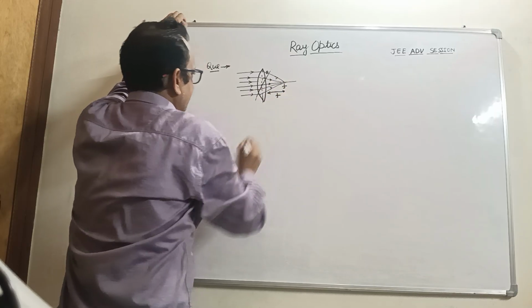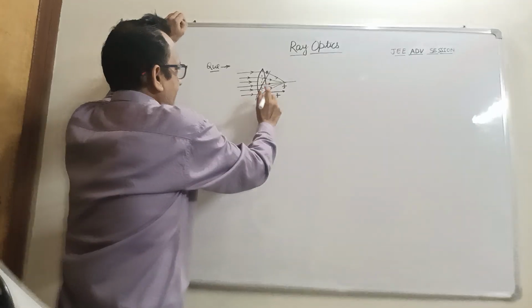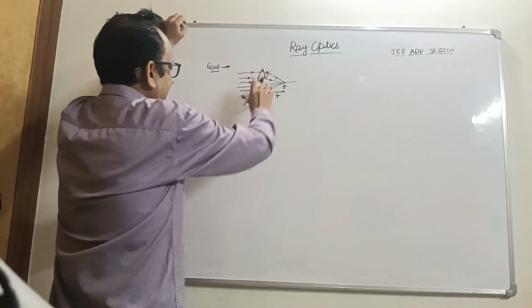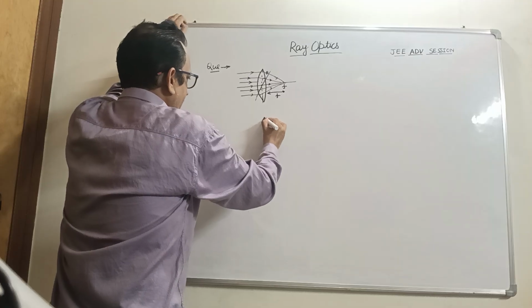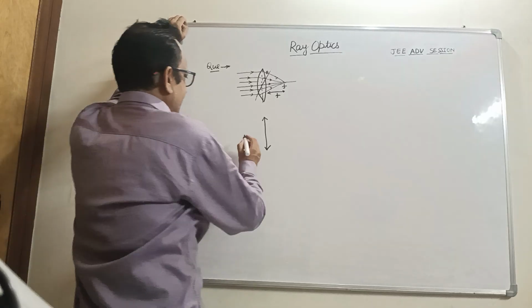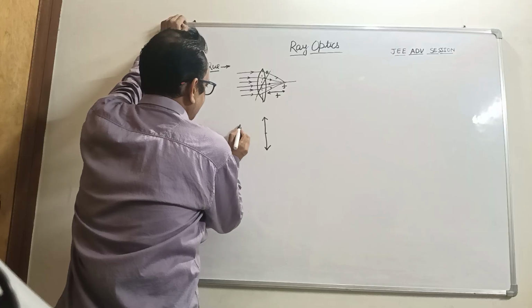Suppose from the optical center to the focus of this lens is f, and when we tilt it here, we assume this is the symbol of a convex lens. When we tilt it, this is the optical center.